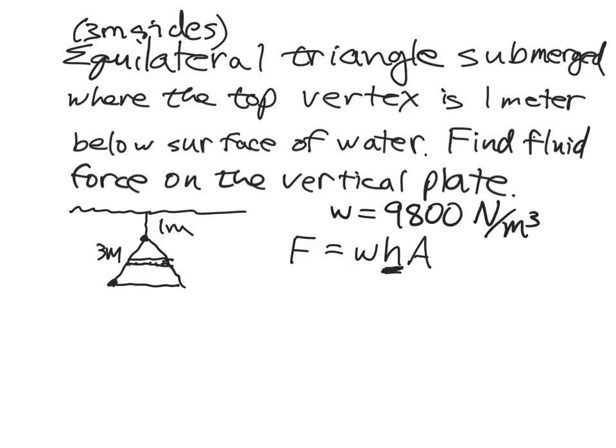My goodness, my handwriting isn't very good, but anyway. That's fine. Okay. Well, where do you want to put the coordinate system? We have a choice. We can put our x-axis down here. We could put it right here, or we could put the x-axis clear on top, on the surface of the water.